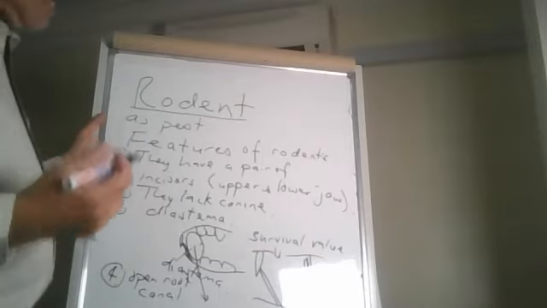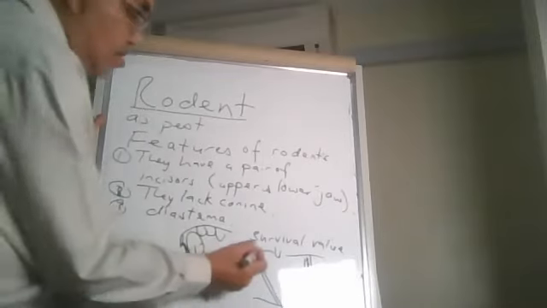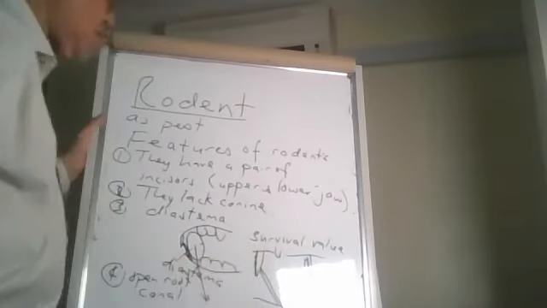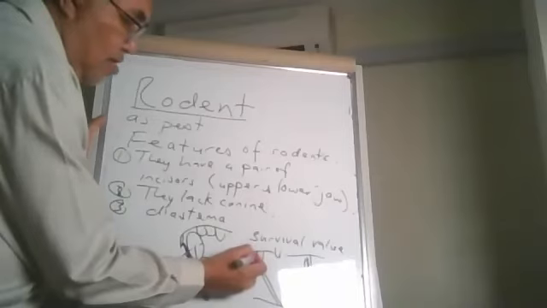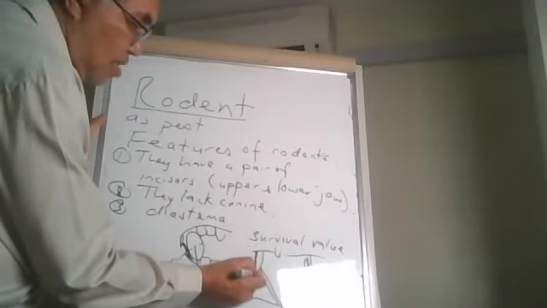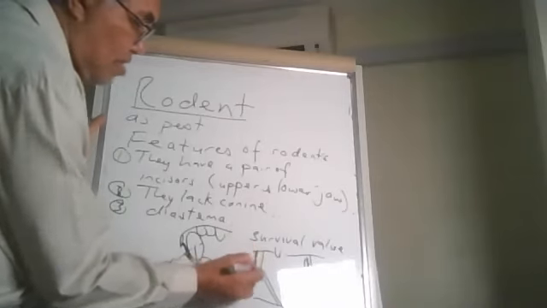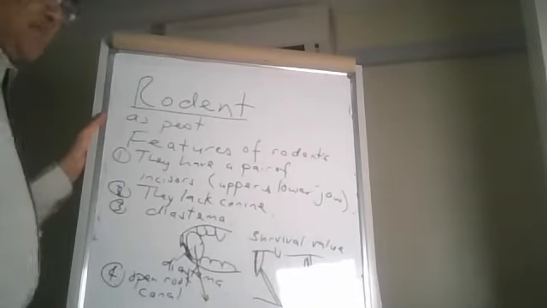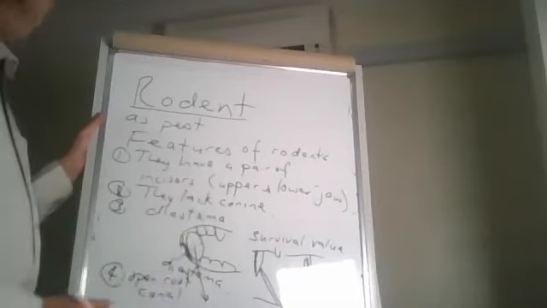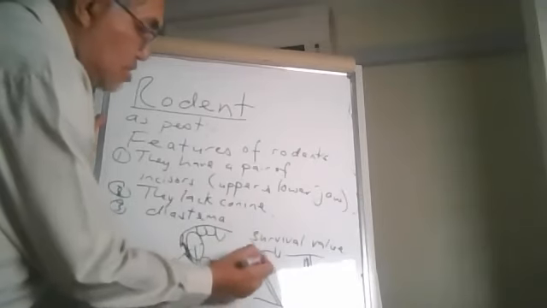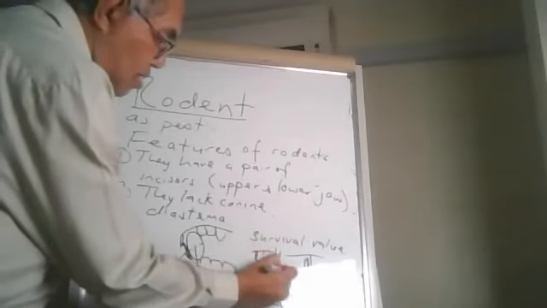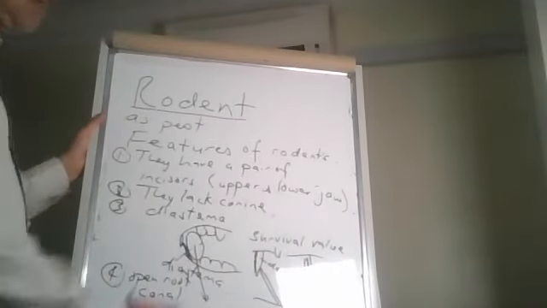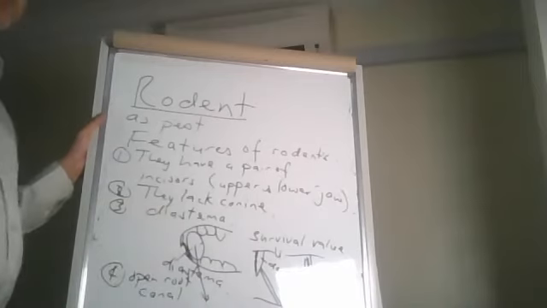But in the case of rat, the hard enamel only covers the external part of the teeth, but not the internal part. The internal surface, this is dentin. The dentin is exposed. Okay, it's not protected by the enamel.